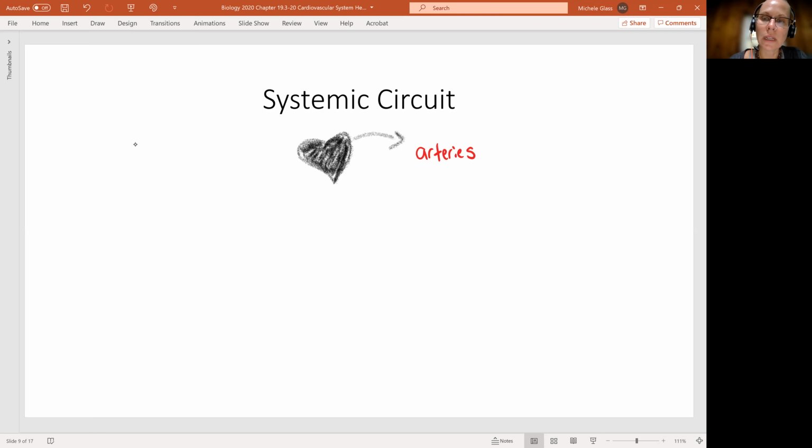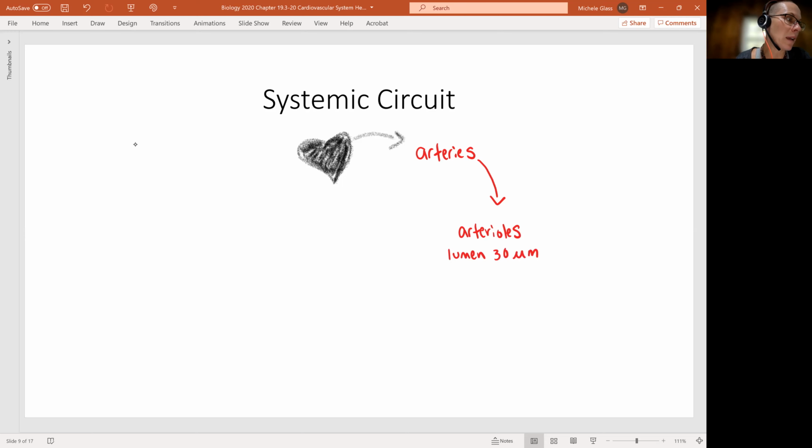From the arteries, we move into these smaller vessels called arterioles. Basically, smaller arteries. And what we see is when we talk about them as being smaller, the lumen, which is that inner space, has a diameter of about 30 micrometers.